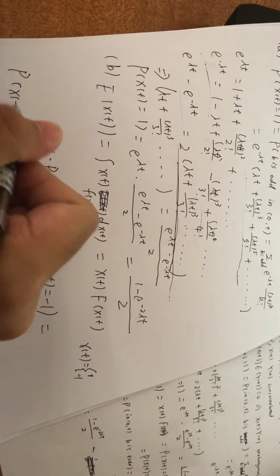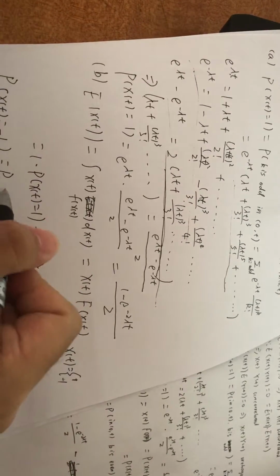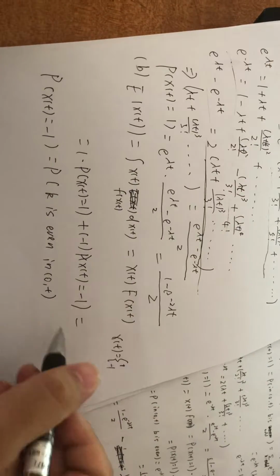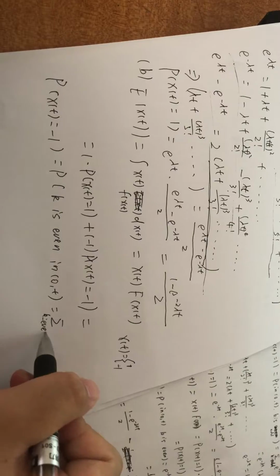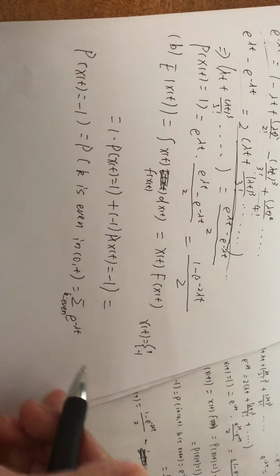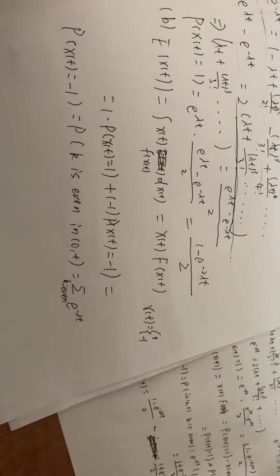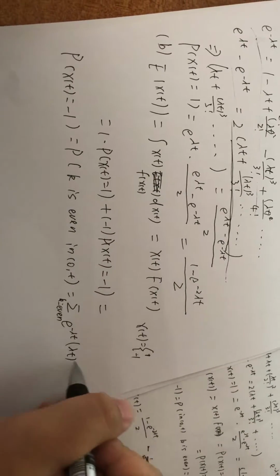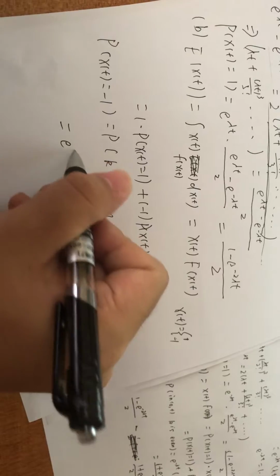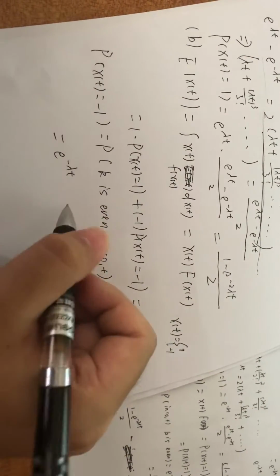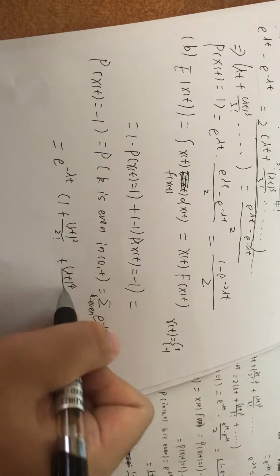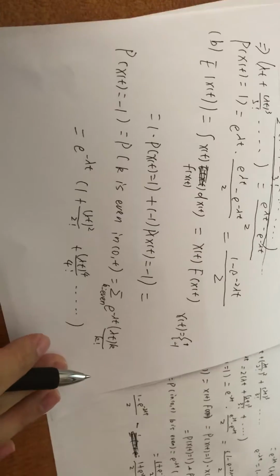First, for the probability X(t) equal to -1, we can transfer it to the probability that k is even in the interval, and we can transfer it to the sum of e^(-gamma t) times (gamma t)^k divided by k factorial. We plug in the numbers and get e^(-gamma t) times (1 plus (gamma t)^2 divided by 2 factorial plus (gamma t)^4 divided by 4 factorial and so on to infinity).